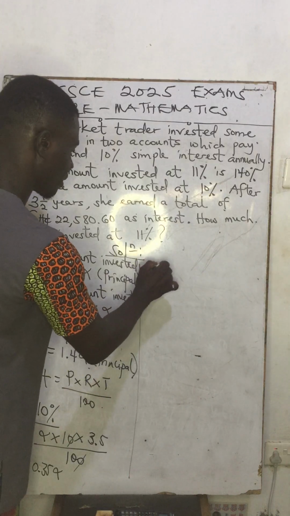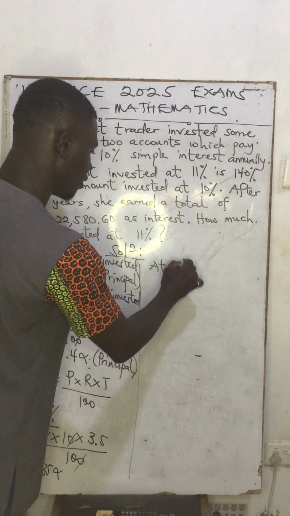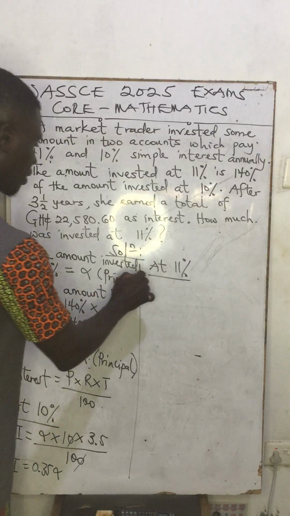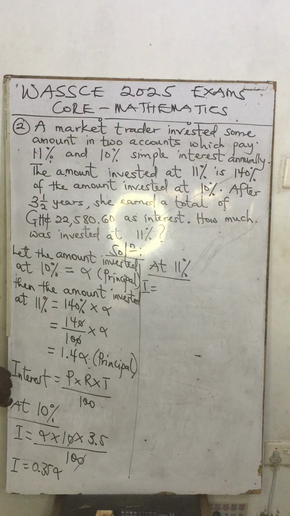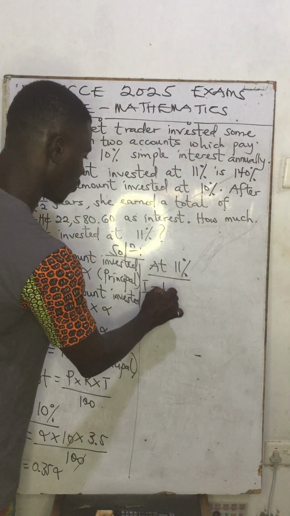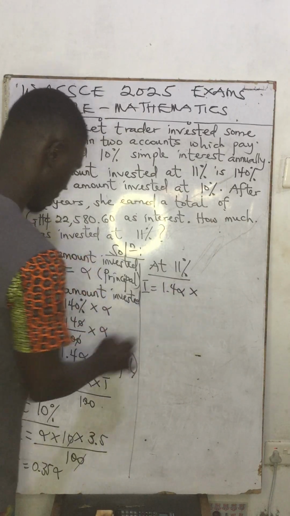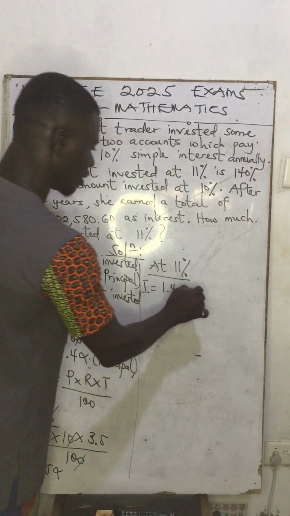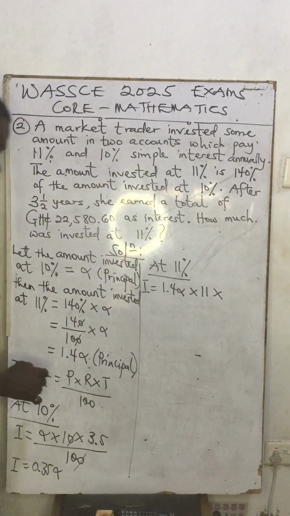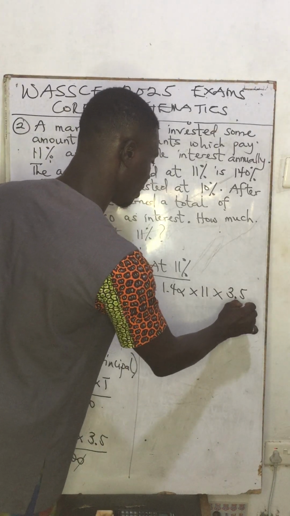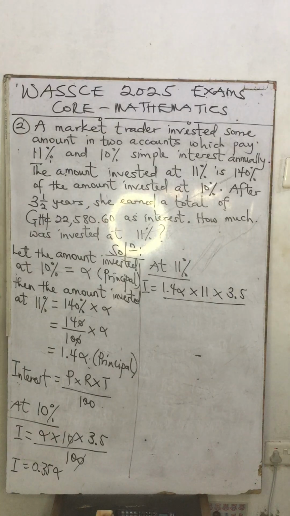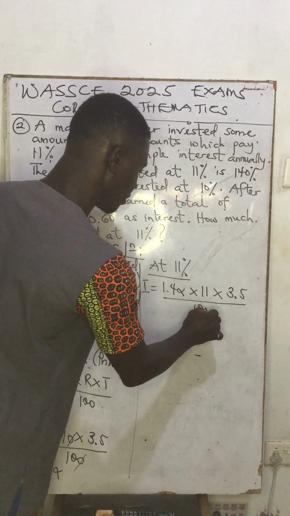Now let's see at 11%, what will be the interest? Interest is equal to the principal, 1.4 alpha, times the rate, 11, times the time, which is still 3.5 years, all over 100.